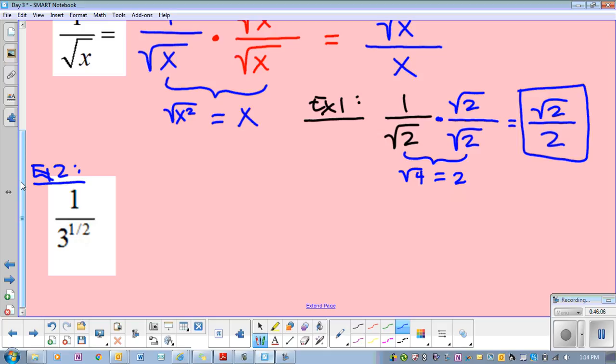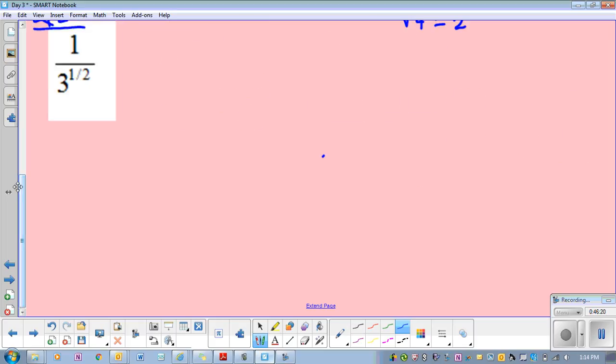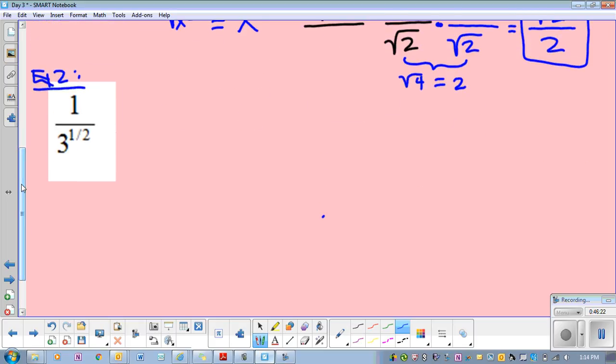So then over here is example 2. 1 over 3 to the 1/2 power. Well, 3 to the 1/2 power is the same as saying what? Square root. Yeah, square root of 3. So this is really 1 over the square root of 3. Rationalize this denominator. Right?